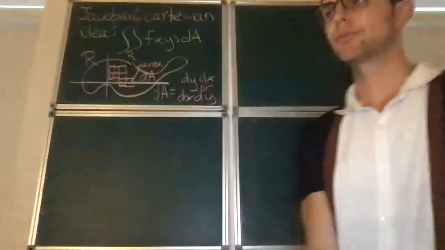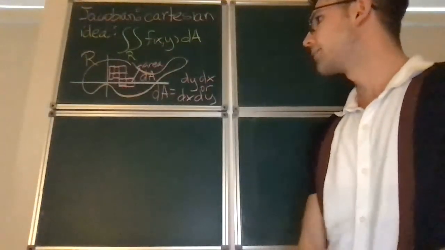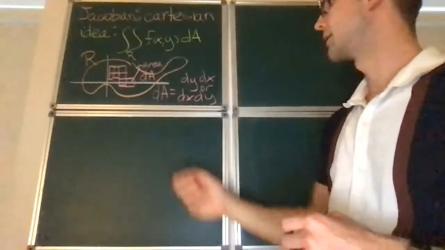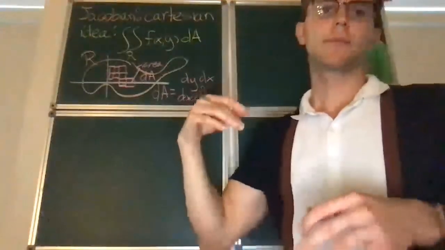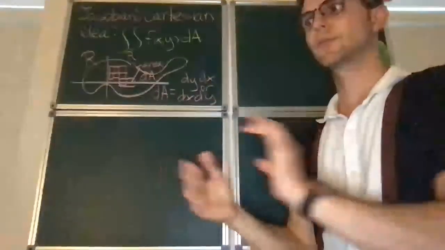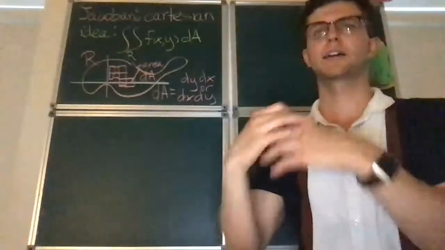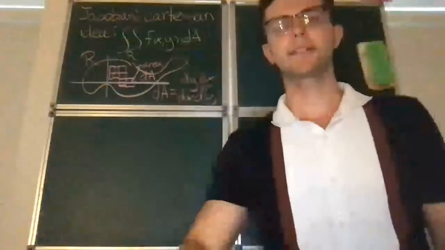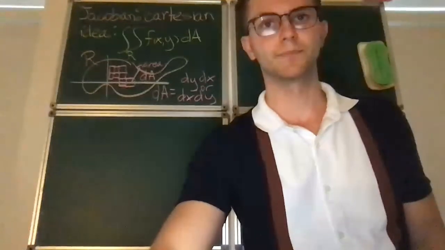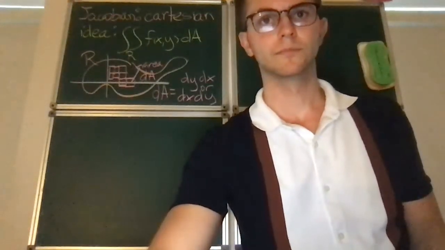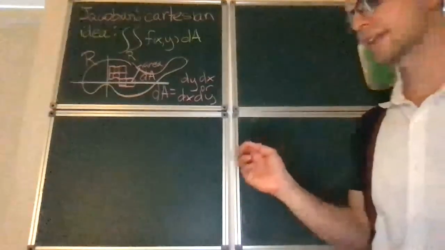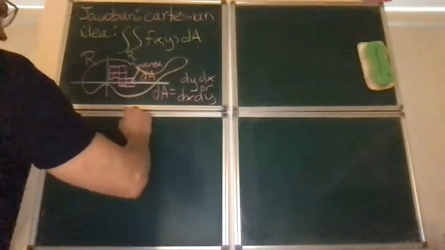So I'm going to tell you now a way to think about this formula in the Cartesian case, which will be useful for generalizing it to the polar coordinate case and the more arbitrary case of any coordinate system. Okay, so in the Cartesian case, let's think about what we're doing for a second.